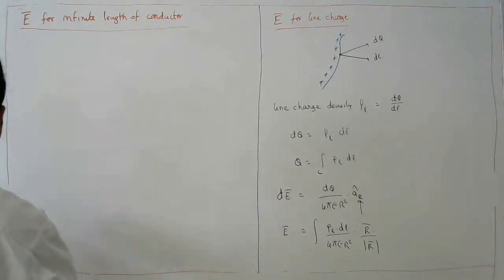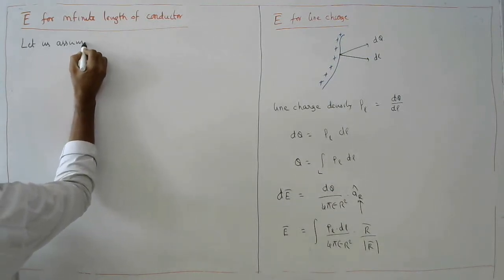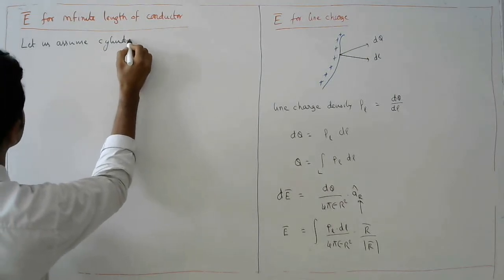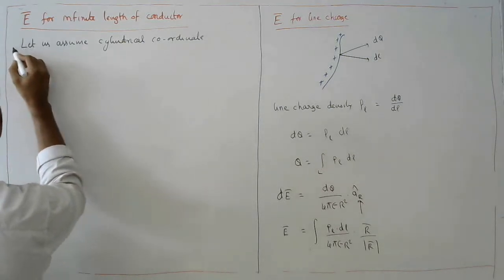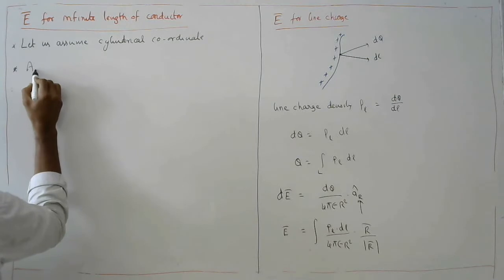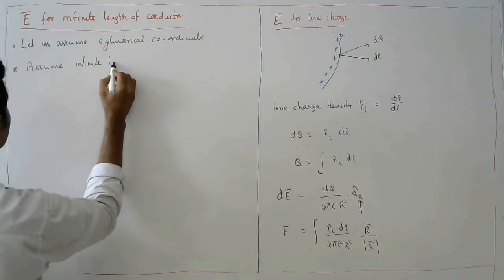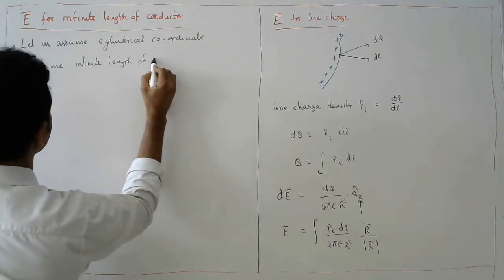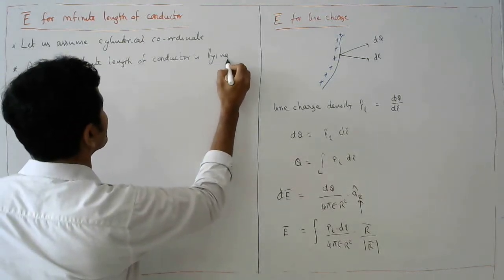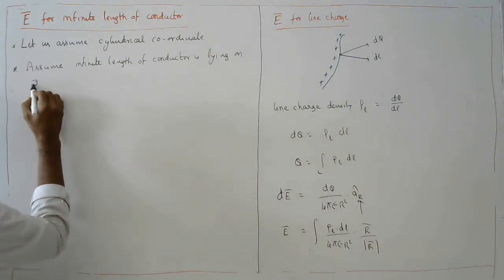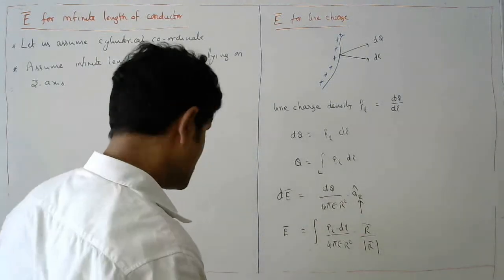For understanding purposes, let us assume a cylindrical coordinate system, and here assume the infinite length of conductor is lying on the z-axis. Let's take a reference.